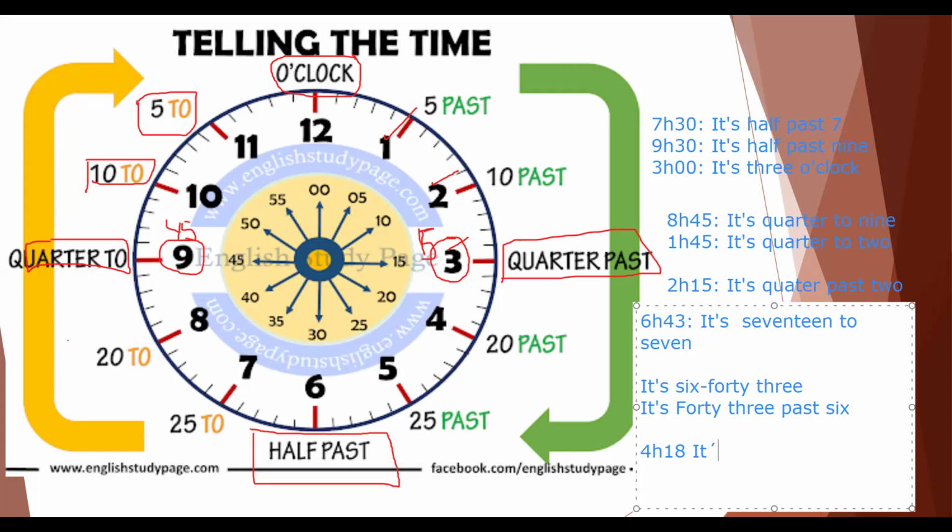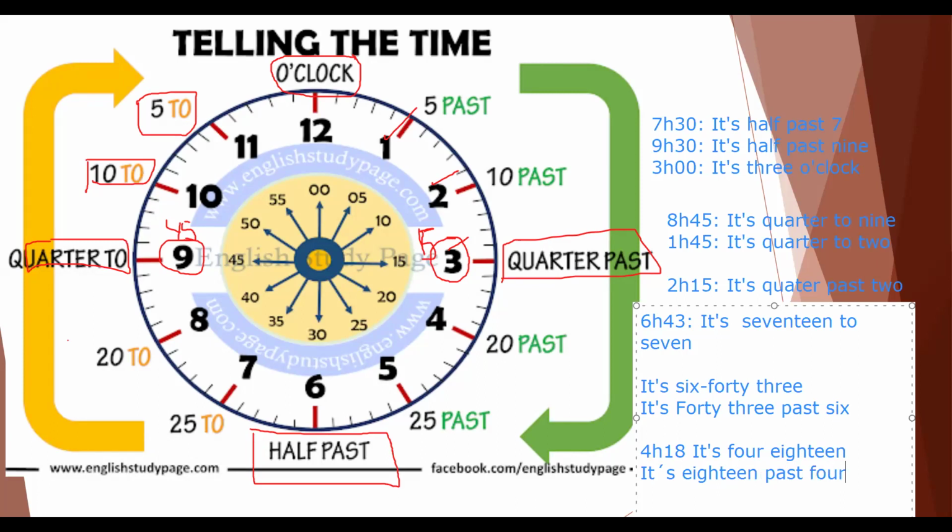Primero, la que se parece a nuestro idioma. A ver, ¿cuál es? 4:18. It's 4, ajá, 18. ¿Ya? Sí. Ahora si quiero usar past, it's 18 past 4. Yes. Primero los minutos. Past 4.